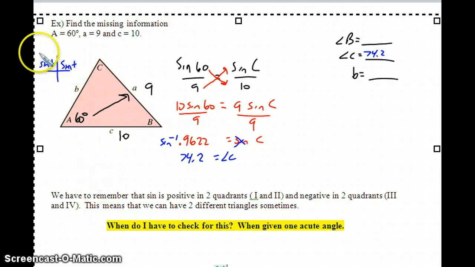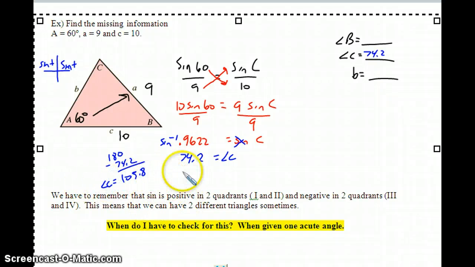So I have the possibility of getting two different angles from this sine. So the second quadrant angle could also be, if I take 180 and subtract 74.2, 105.8. So sometimes we have the possibility of getting two different triangles. So what I have to do is check to see if this will work.